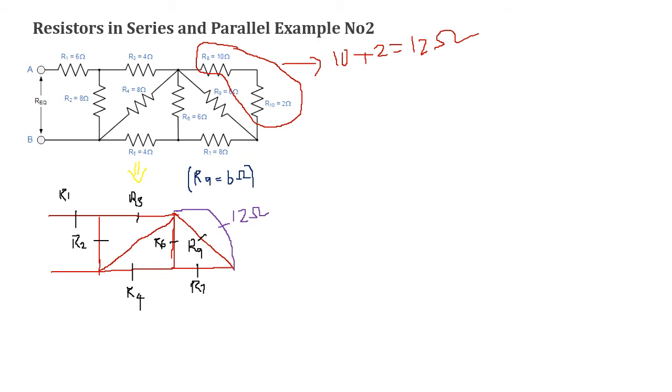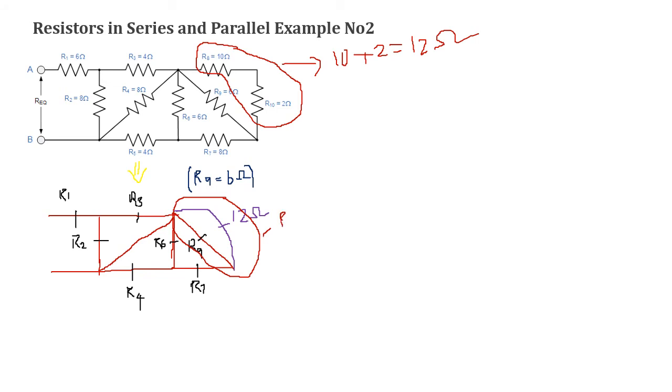The value of R9 is 6 ohm. So here these two resistors are connected in parallel form. Therefore now we need to find the equivalent resistance for this 12 ohm and 6 ohm. So 12 ohm and 6 ohm are connected in parallel.